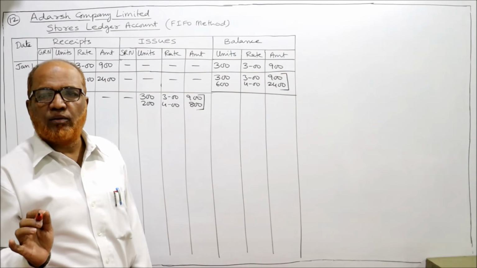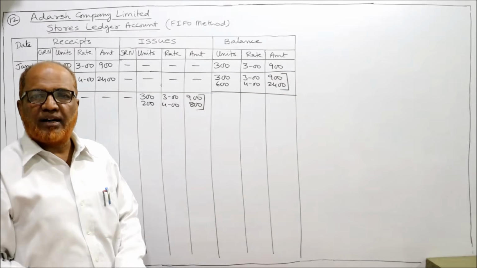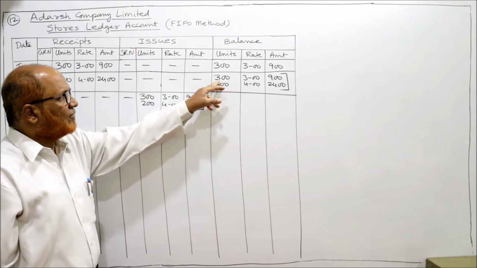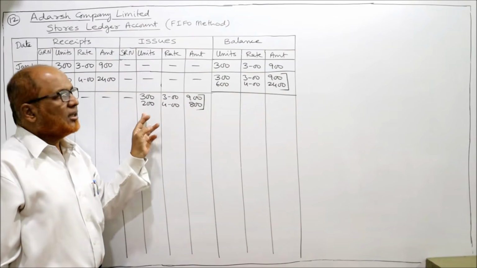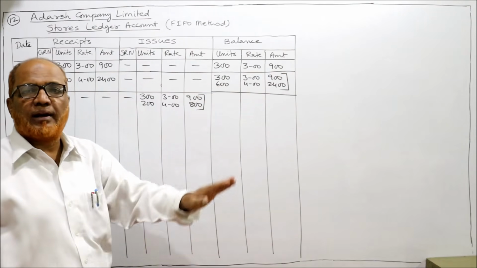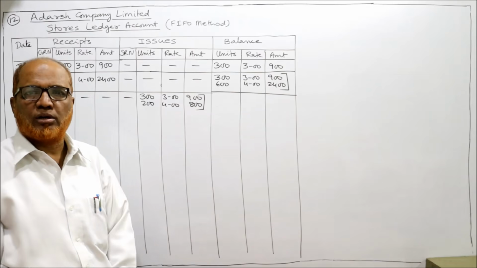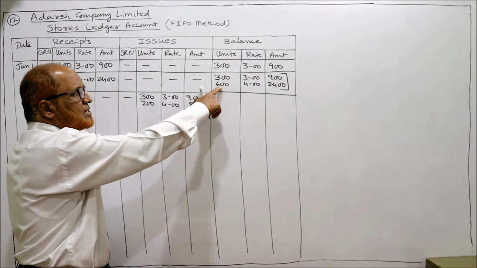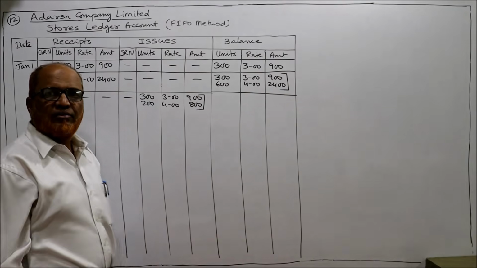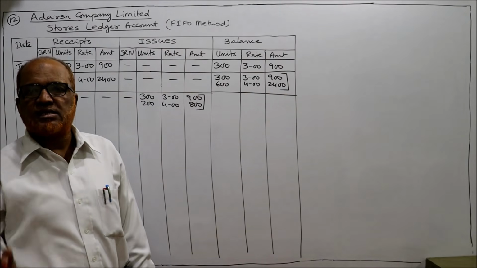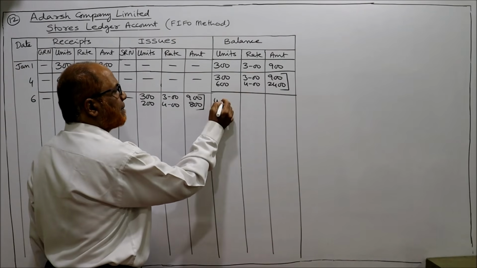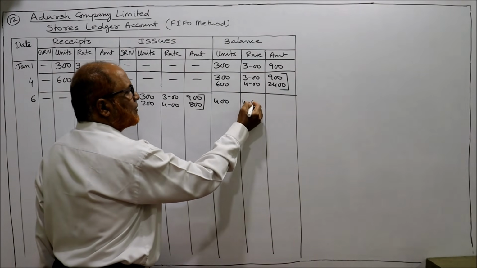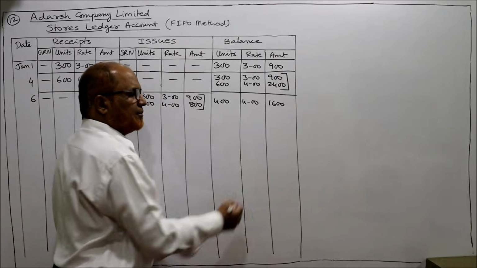That 500 I have taken, this 300 first and 200 from the second lot. The first lot is completely exhausted, fully issued. Out of the second lot of 600, 200 units I have issued. So remaining are 600 minus 200, 400 units. And the rate is 4 rupees, 1600.